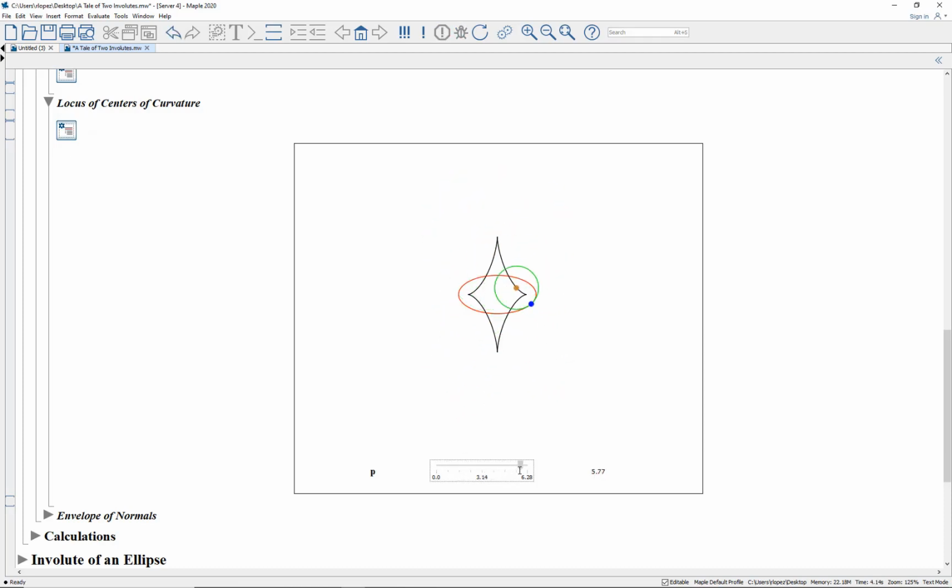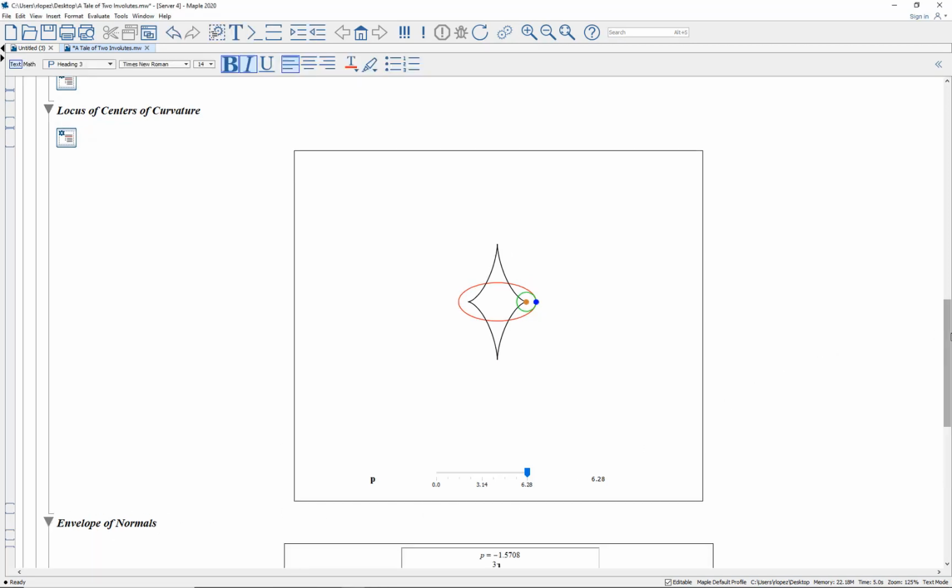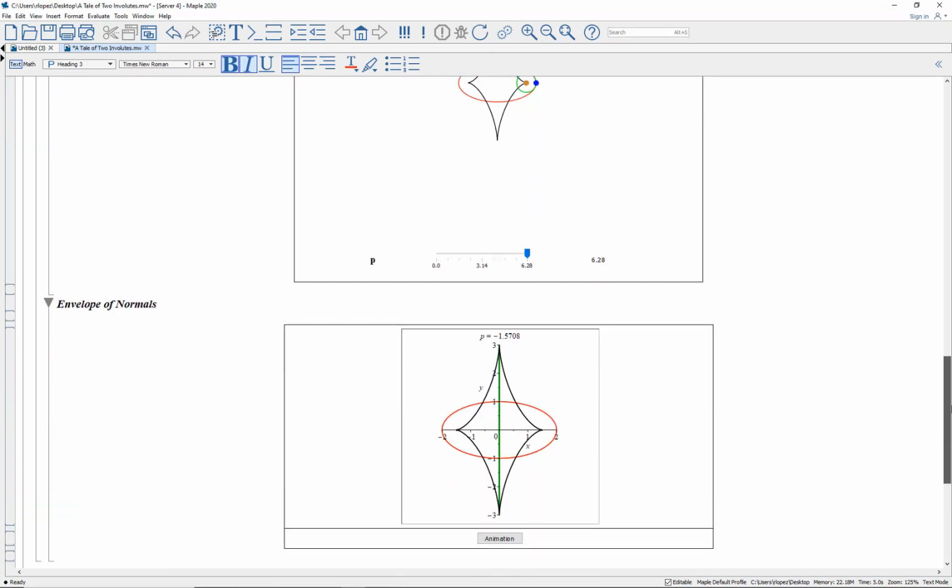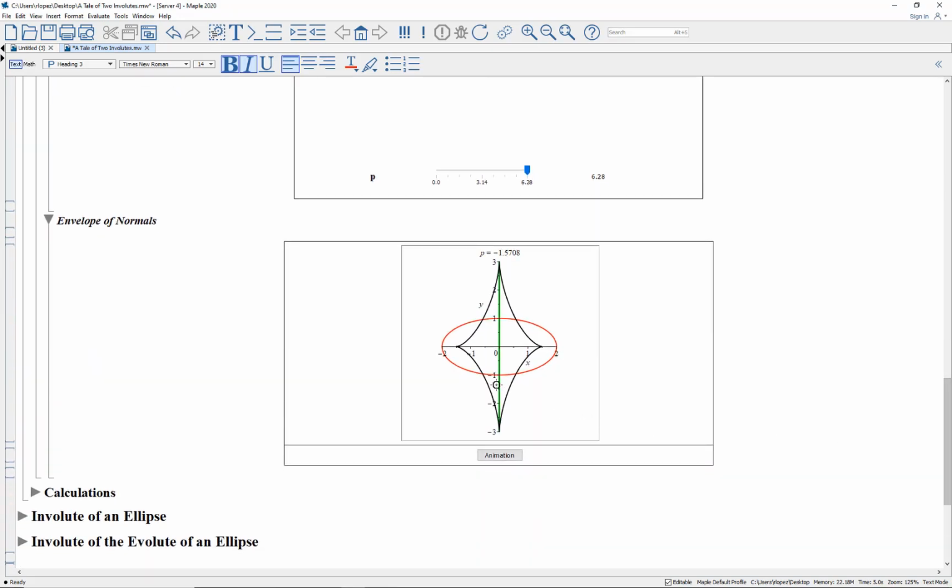So that black curve is the evolute of this ellipse. So let's see if we can obtain that same trajectory as the envelope of normals. Let's see what that looks like. So this is an animation.